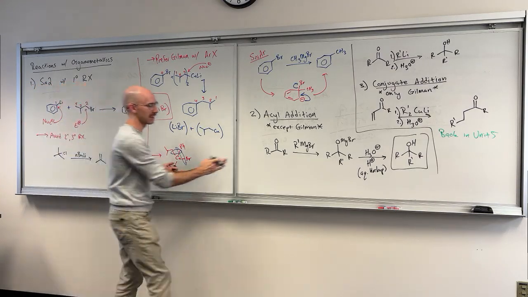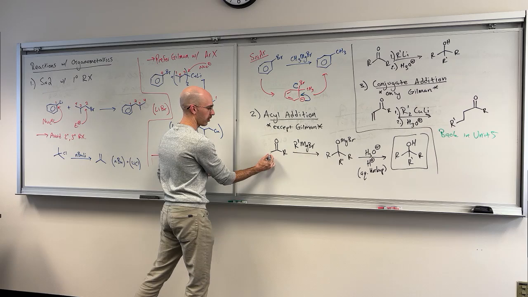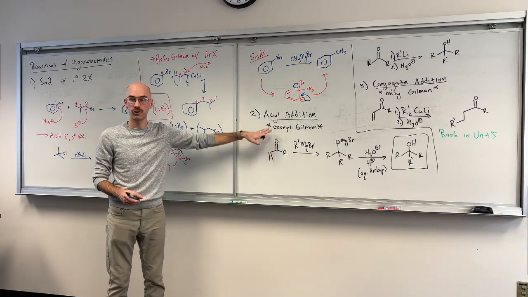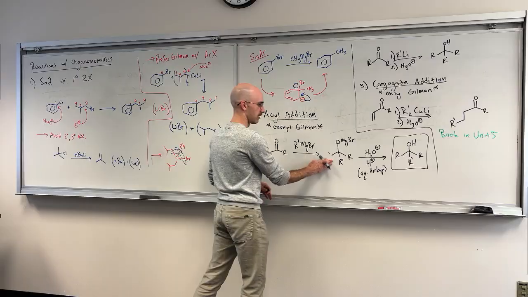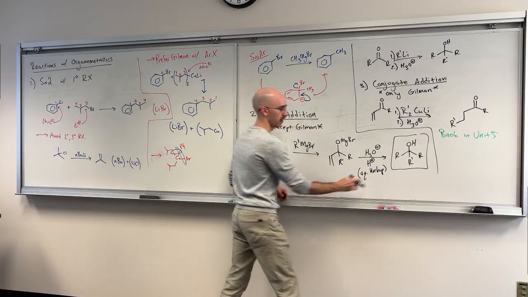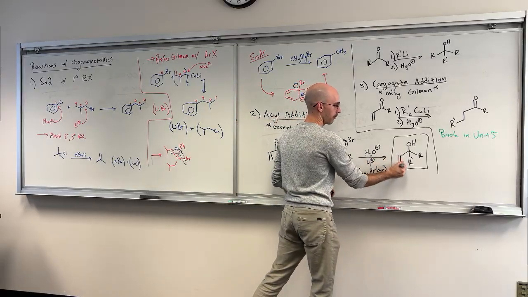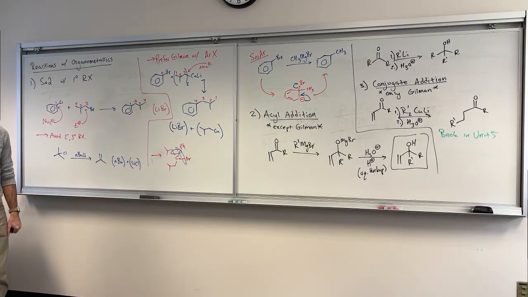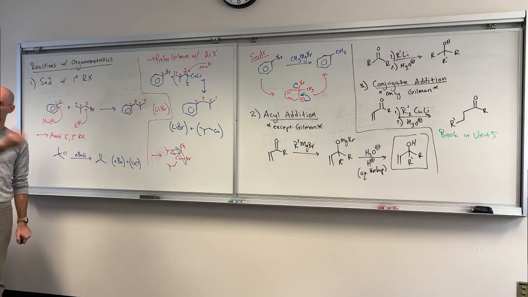Again, we're coming back to this later, but I could have given you this kind of clarifying example where this is also a conjugated carbonyl, just to prove that organolithiums and Grignards don't do conjugate addition. They will go straight for the carbonyl to do acyl addition. We'll talk more in Unit 5 about why that is. Does that sound good?